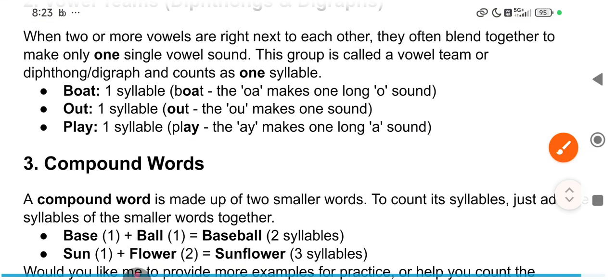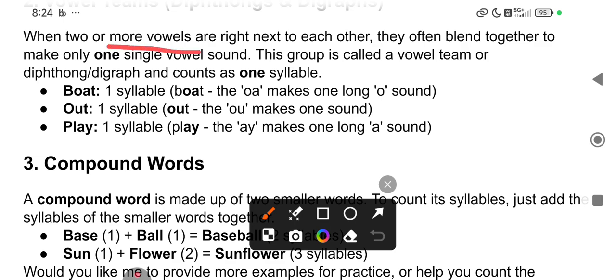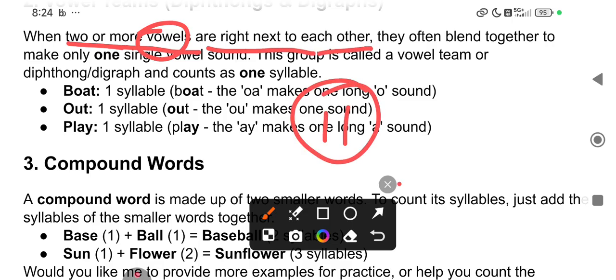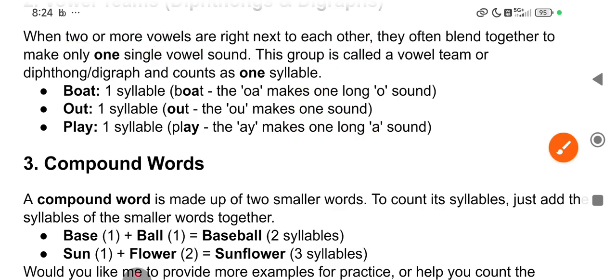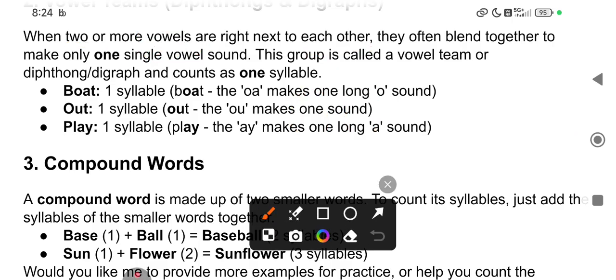So when two or more vowels are right next to each other, they often blend together to make one single sound. Though two vowels are in the spelling, they make one single sound. And this group is called a vowel team, diphthong or digraph.